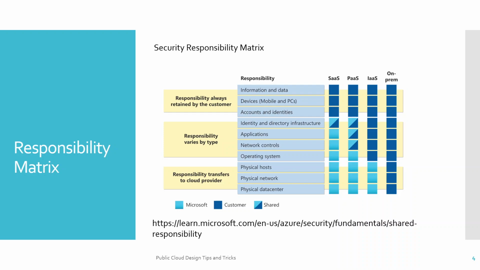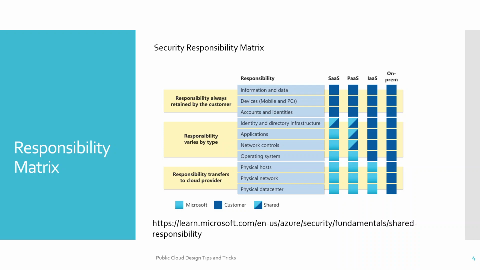I have taken this picture from Microsoft as a reference, but you can also have this responsibility matrix from other cloud vendors as well. Now, if you see the matrix, there are different kinds of services that work in a public cloud environment: SaaS, PaaS, and IaaS, and the other one is the on-prem data center. That is where you have to define the matrix of responsibility.